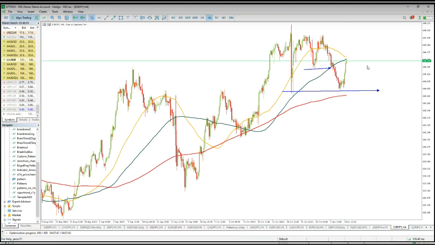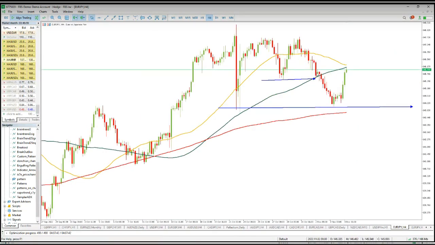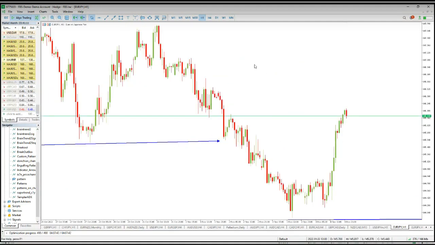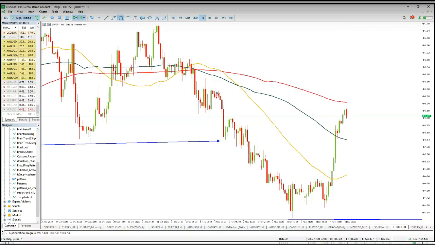4 hours time frame, let's see that quickly. Okay, yeah, this is the 4 hours time frame. Let's see. This is our imbalance. Not really. I think that didn't play out as an imbalance. Let's check 1 hour. Okay, so this is the 1 hour time frame. This looks interesting.